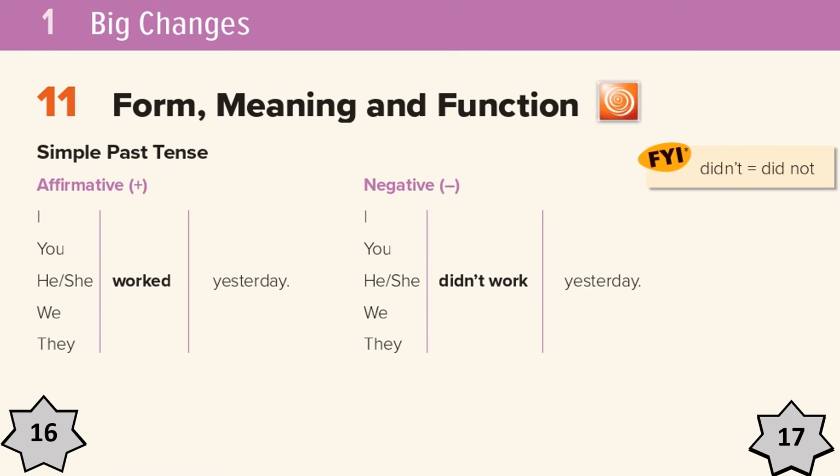Didn't means did not. This is an abbreviation. إذا أردنا أن نكون جملة منفية في الزمن الماضي نضيف did not قبل الفعل ونعيد الفعل للصيغة الأساسية.